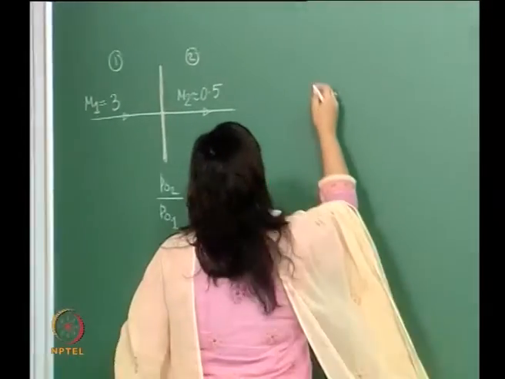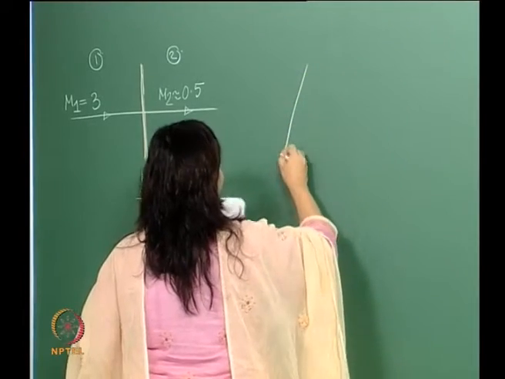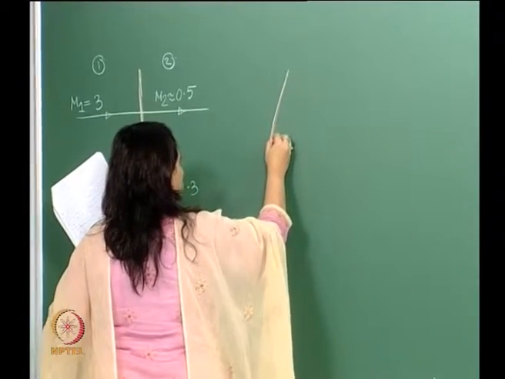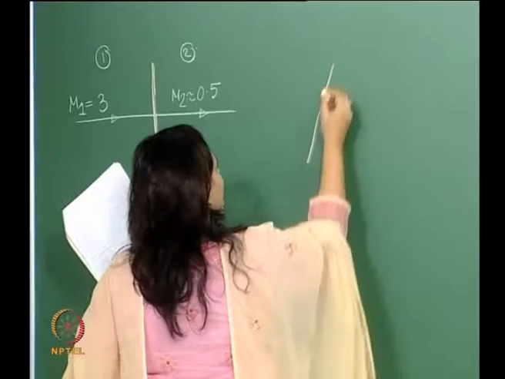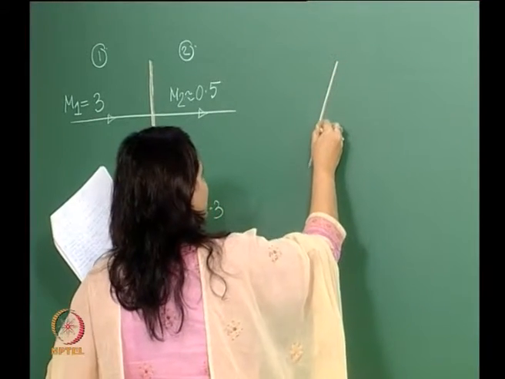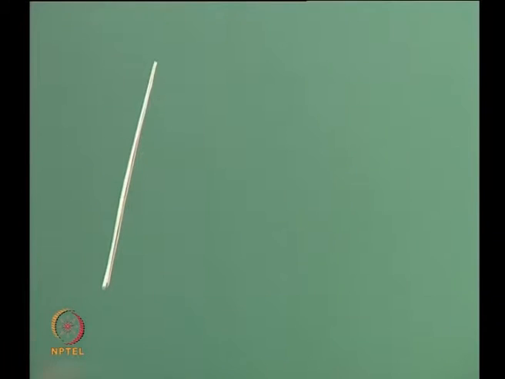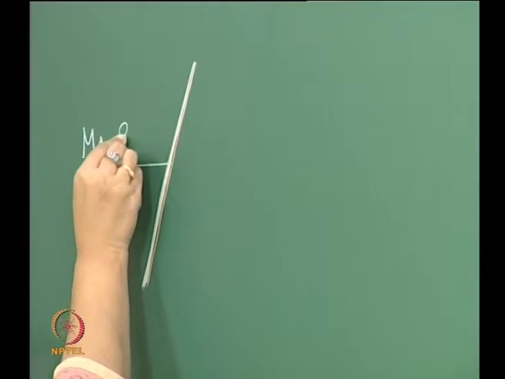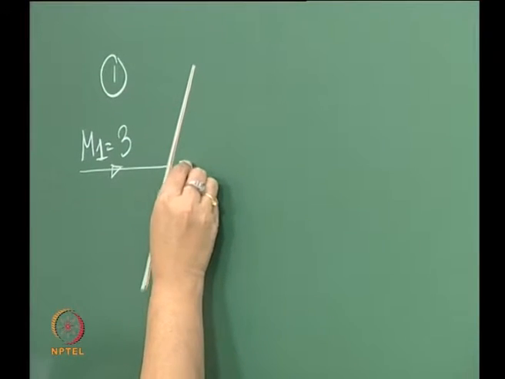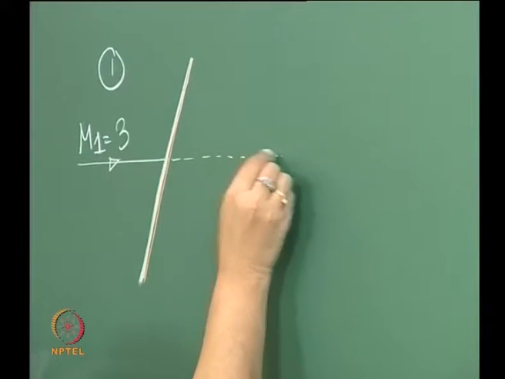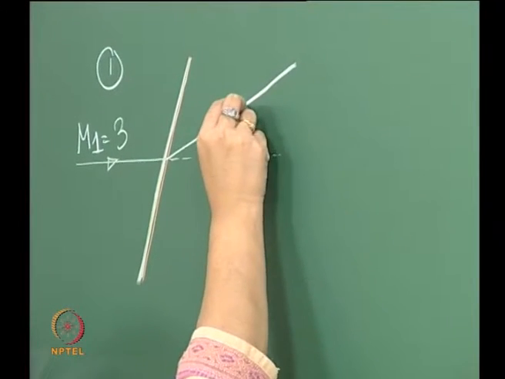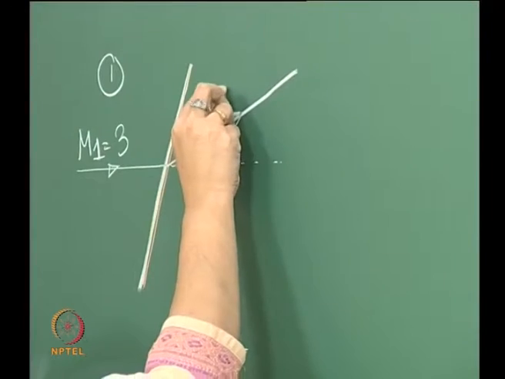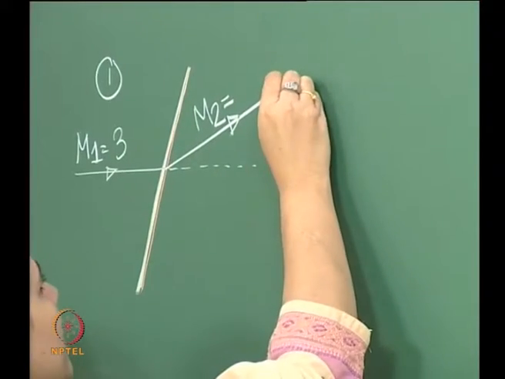So first we had an oblique shock, with the incoming flow in region 1, that deflects, and this is M2.